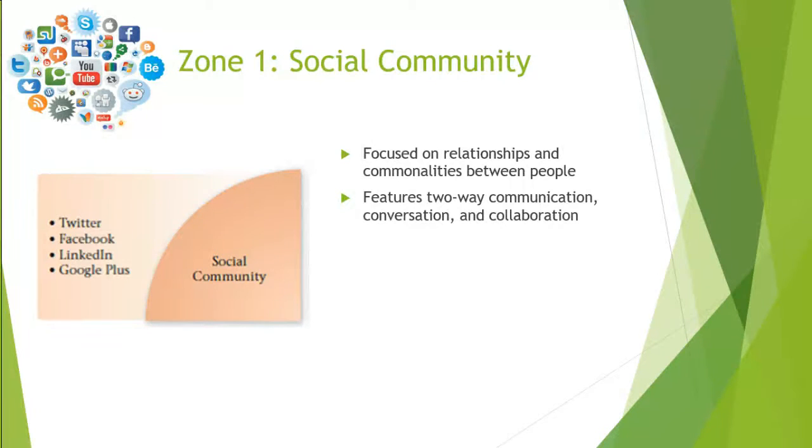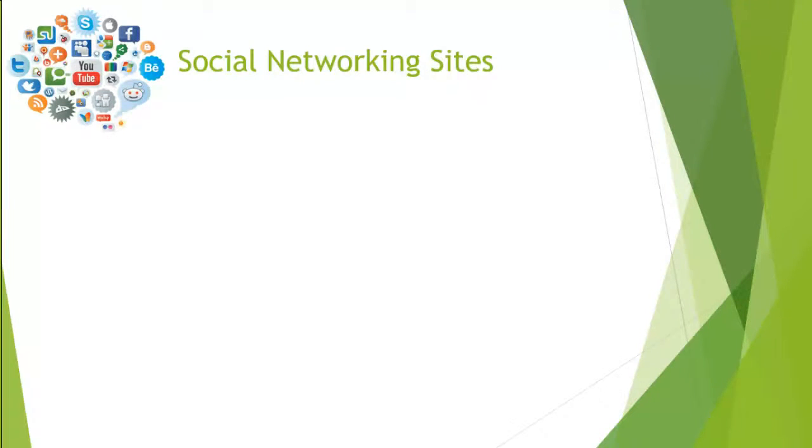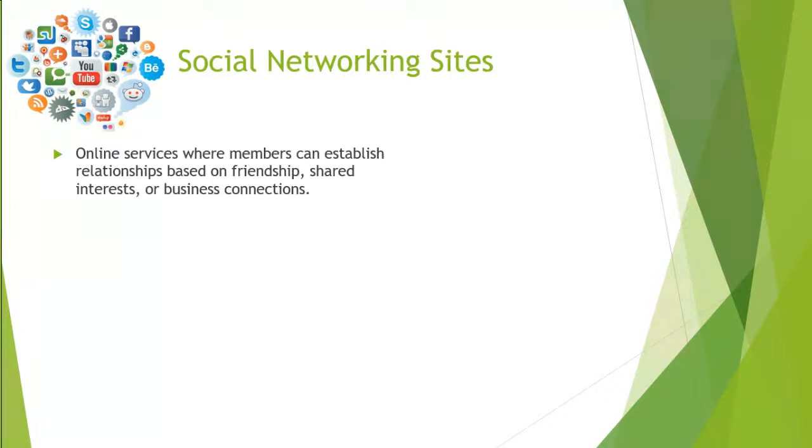As we start talking about the social community and social networking sites, we're going to focus on the connection between people and the relationships between people. Let's define that social networking site a little bit more. When we talk about these social networking sites, and specifically today, Facebook, LinkedIn, and Twitter, these are online services where members can establish relationships based on friendship or shared interests or business connections or any other type of connection that they might have.